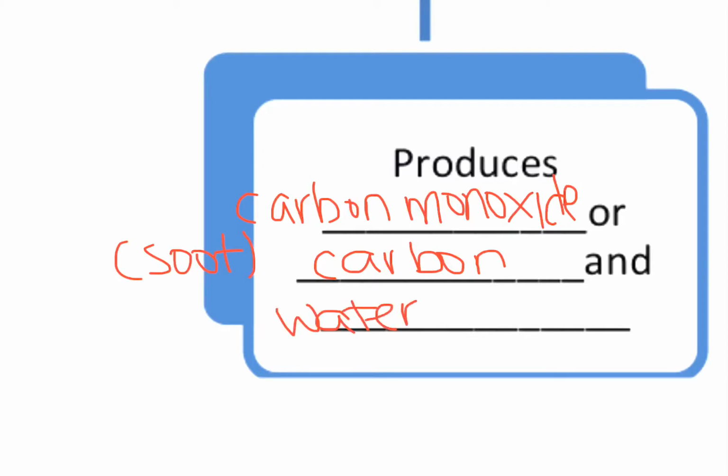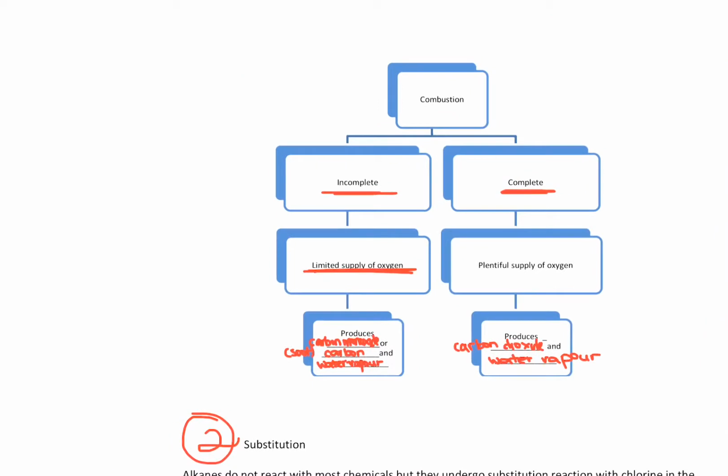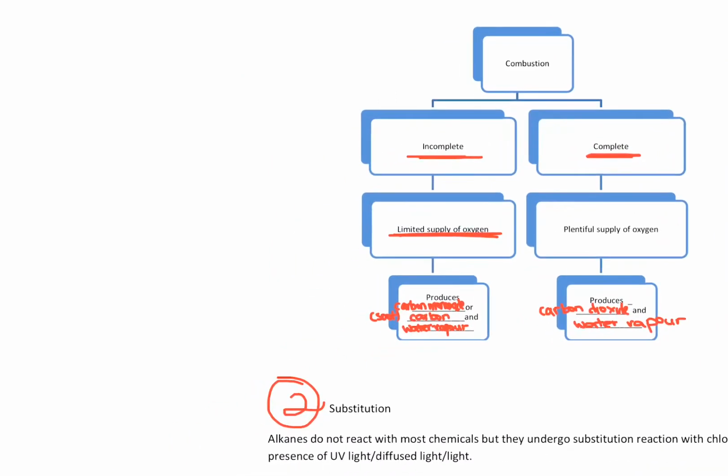So there's 2 possible products. Either you get carbon monoxide and water vapor, or you get carbon and water vapor. Okay, so that's a summary of combustion of alkanes. I'll show you a video that explains combustion in more detail.